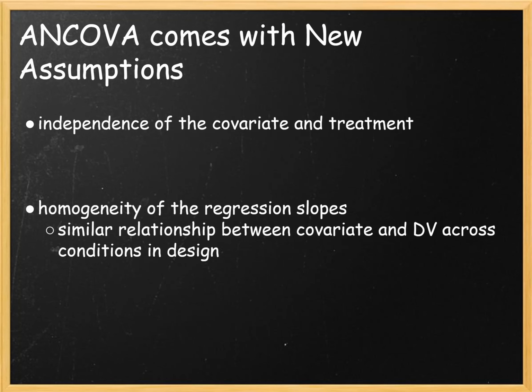Another assumption is the homogeneity of regression slopes. What that basically means is that you don't have an interaction between your independent variable and your covariate in predicting the outcome. So you want a similar relationship between the covariate and the DV across all the conditions in the design.